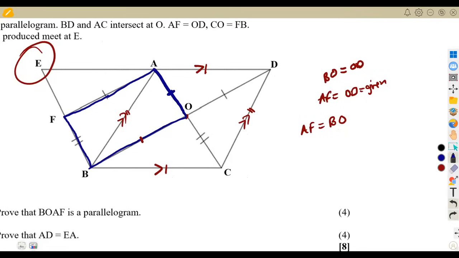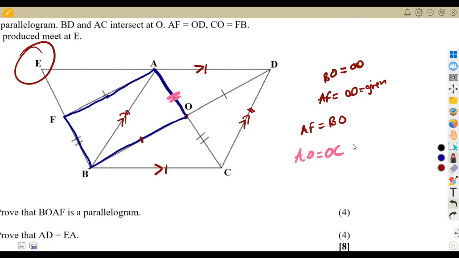If you check, the same thing that we talked about here is the same from A to O and from O to C. We have a bisected diagonal, because these are the properties of a parallelogram, that the diagonals bisect each other. So from O to C, it is going to be equal to A to O. So AO is going to be equal to OC, all right?